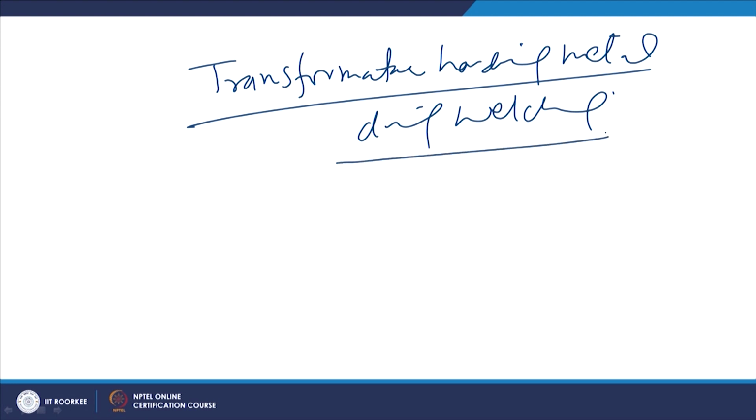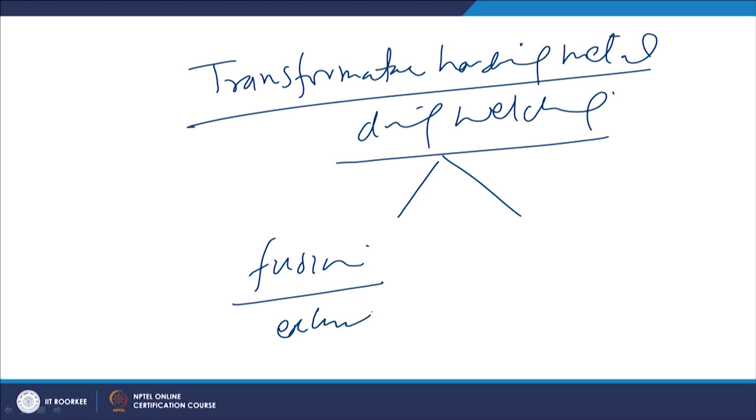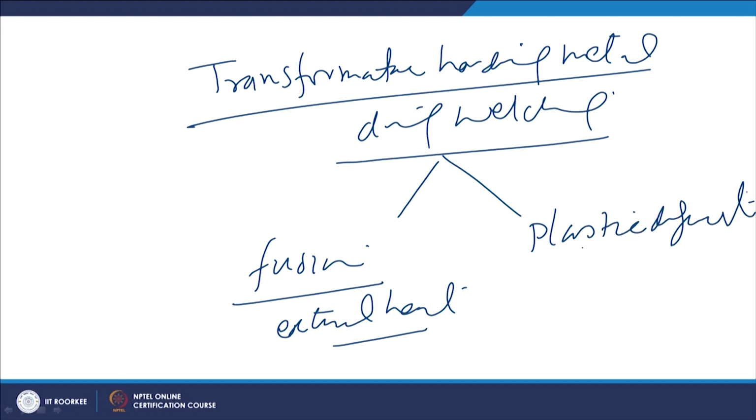We know that the welding broadly we can group under the two categories, where the fusion is realized through the application of the external heat, or very controlled plastic deformation is realized at the faying surfaces through the use of the external force.